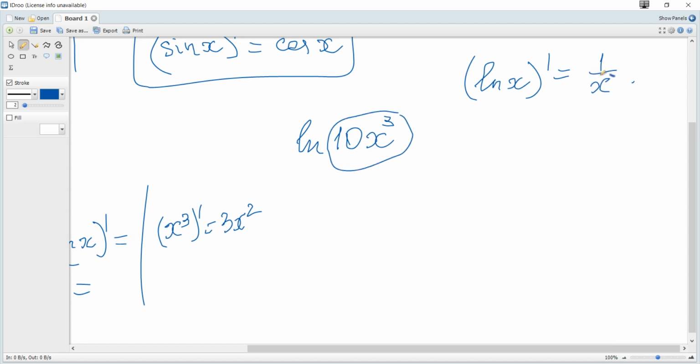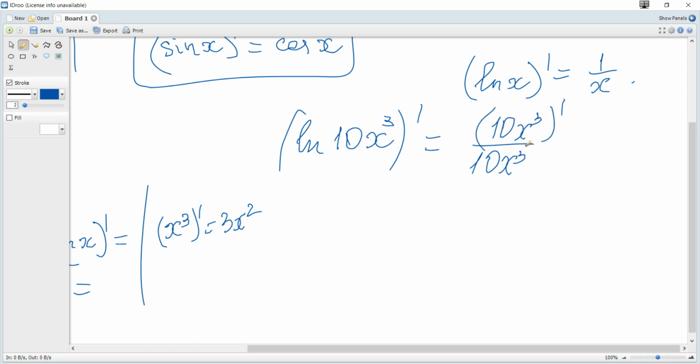So we should write this argument instead of x. So the derivative is equal to 1 over 10x cubed times the argument derivative. The x cubed derivative is 3x squared times 10, so 30x squared over 10x cubed. It can be simplified, it's 3 over x finally.